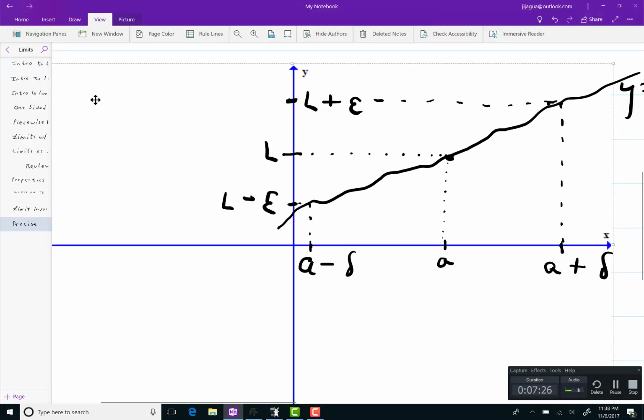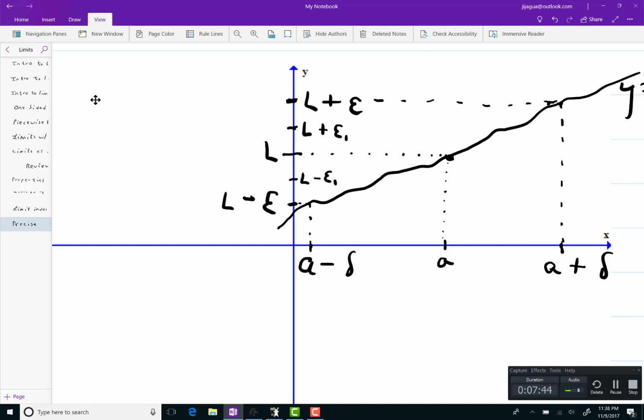What if I come back then with a smaller amount of error? Let's call it epsilon 1. And then L minus epsilon 1.